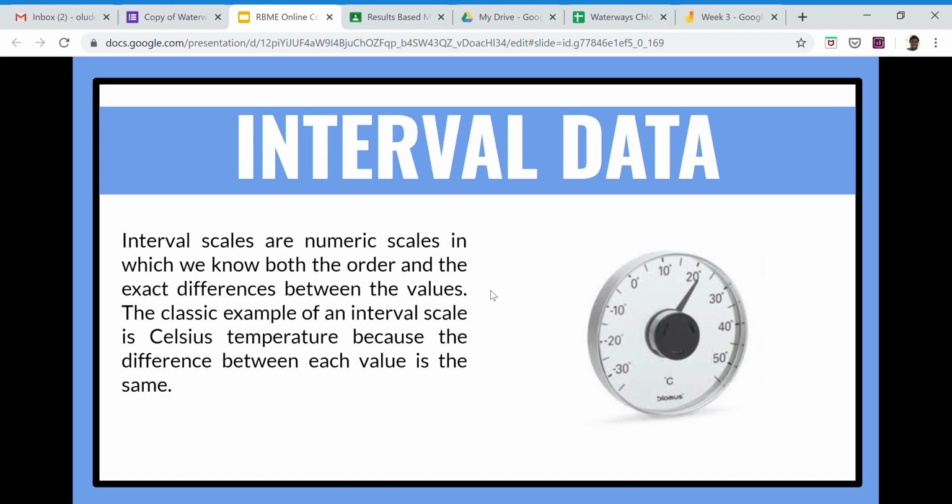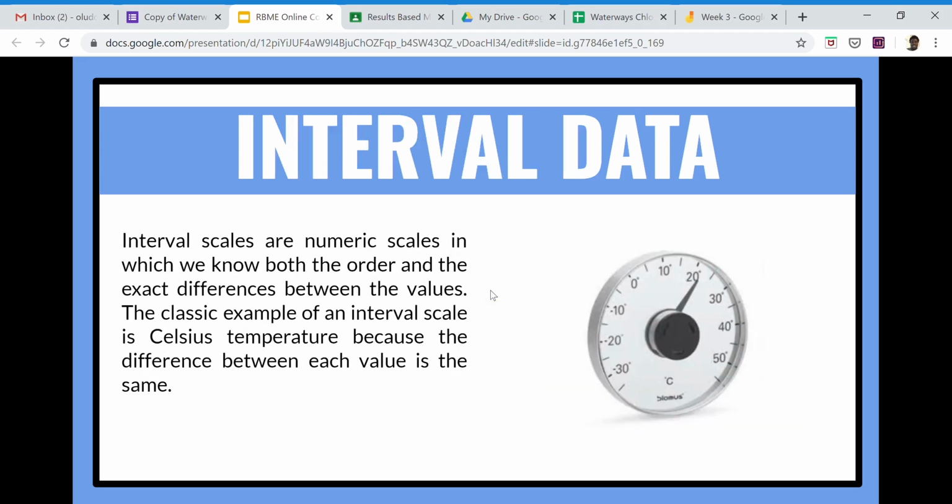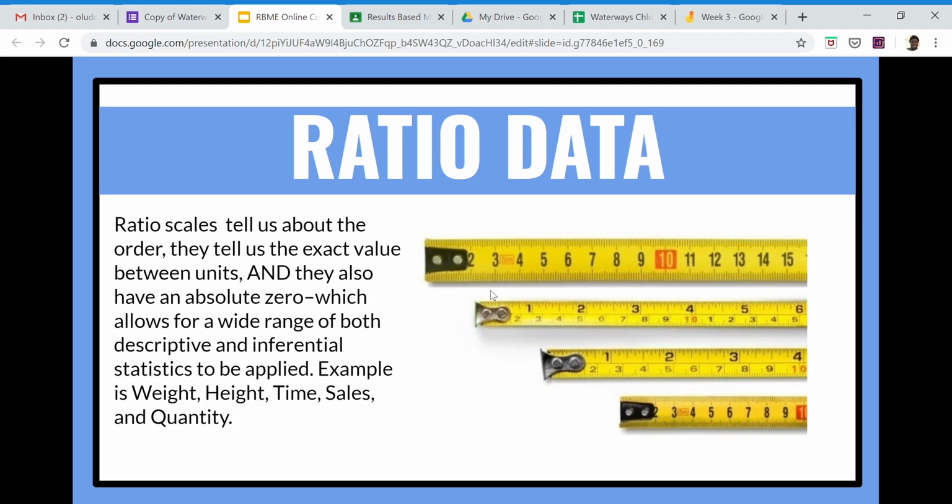So we have the interval data and the ratio data. If you remember, continuous data and discrete data. Here, the ratio data is actually the continuous data.